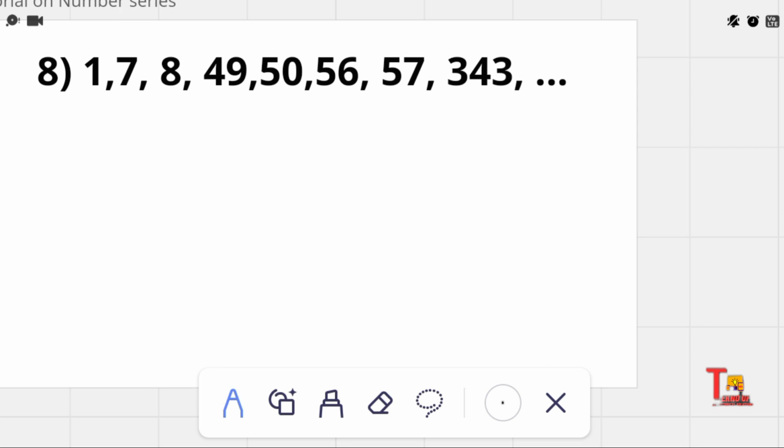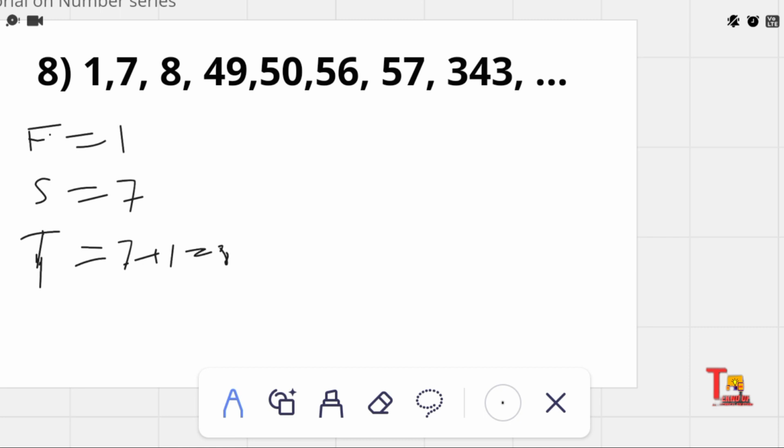You look at this. The first item is what? First item is 1, and the second item is 7, and so the third item is 7 plus 1, that is 8, right?